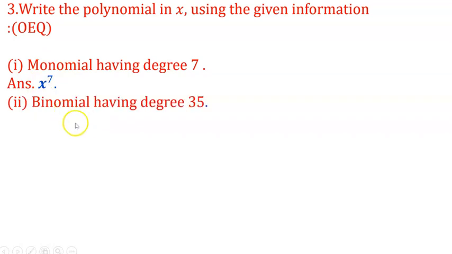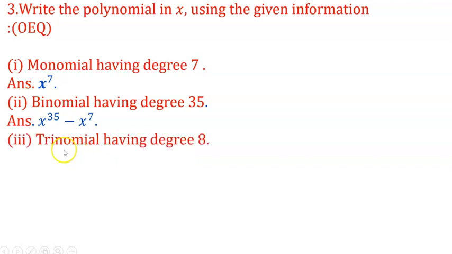Next, binomial having degree 35. It contains only two terms, therefore x raised to 35 minus x raised to 7. Next, trinomial having degree 8. Here, x raised to 8 plus 5x cube plus 7. This is the trinomial having three terms.